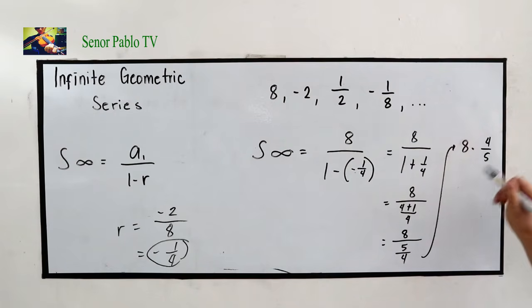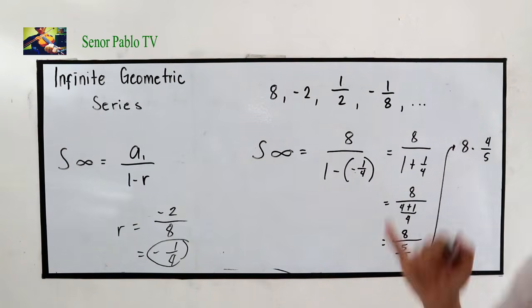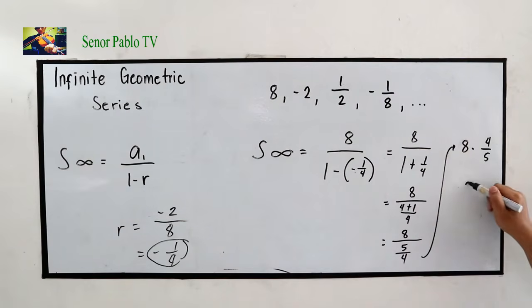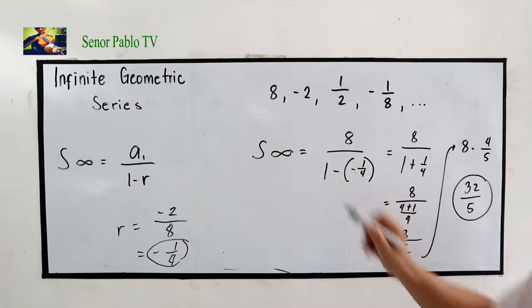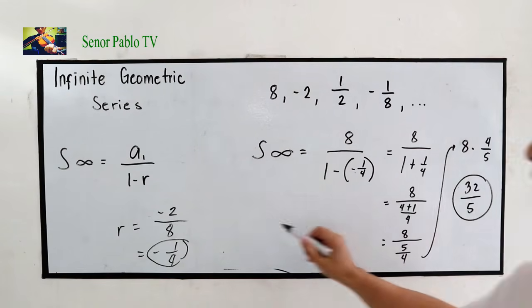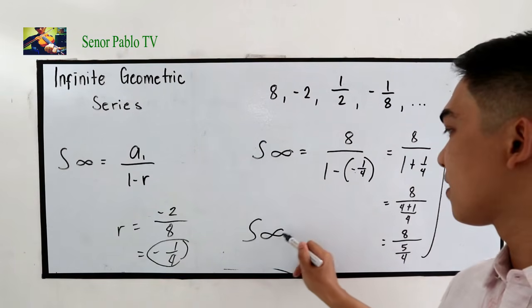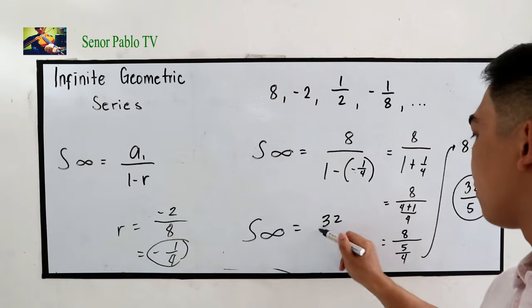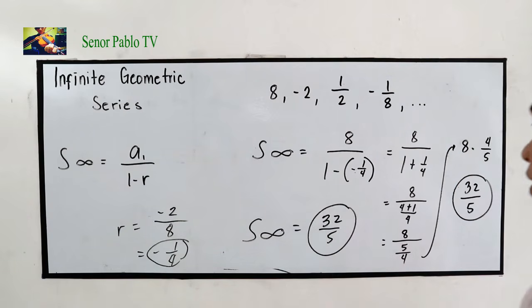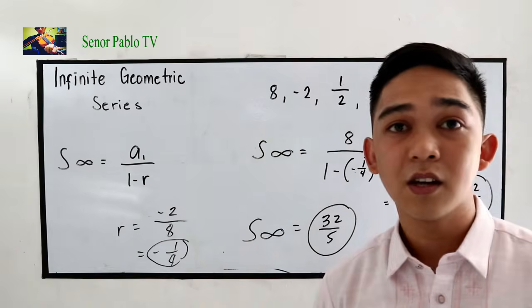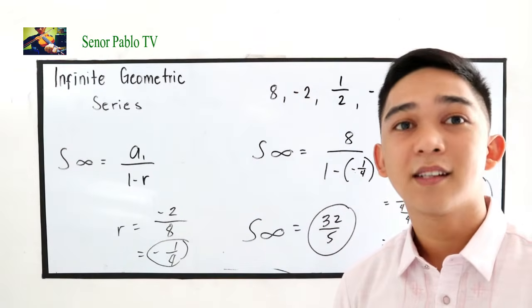So, 8 times 4, 8, 16, 24, 32. 32 over 5. So, ang sum natin dyan ay 32 over 5. Yan ngayon yung sum ng ating infinite geometric sequence.